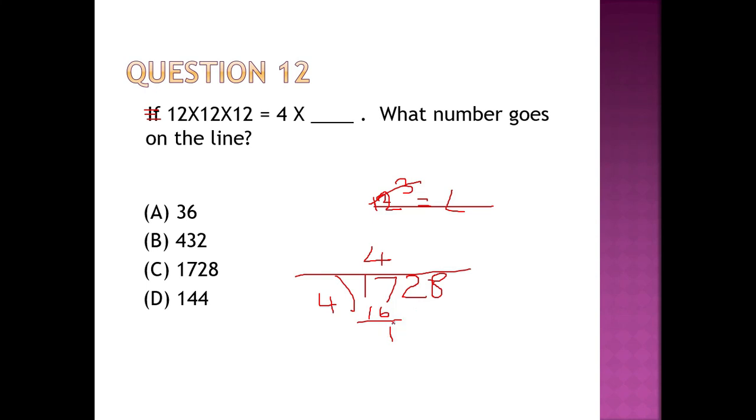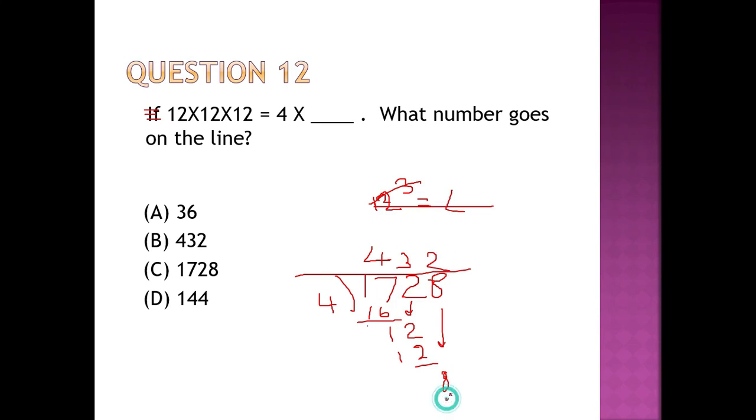We have 1 remaining, and so we bring down the 2. This becomes 12, and so we have 4 into 12. That goes 3 times, 3 fours are 12. And 8. 4 into 8 is 2.